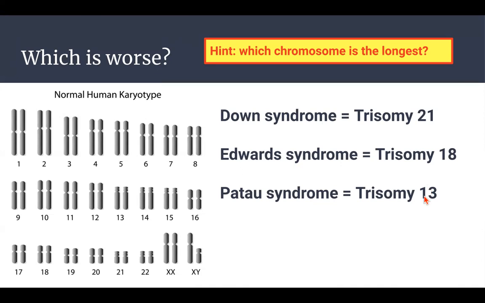Now, trisomy 13 is rarer than trisomy 21, and then trisomy 11 is even more rare. Now, I have never met anybody or seen cases where we have trisomy 1 or trisomy 2 or trisomy 3. Because if you look at the length of these chromosomes, they are super lengthy. They're almost twice the length of chromosome 13.